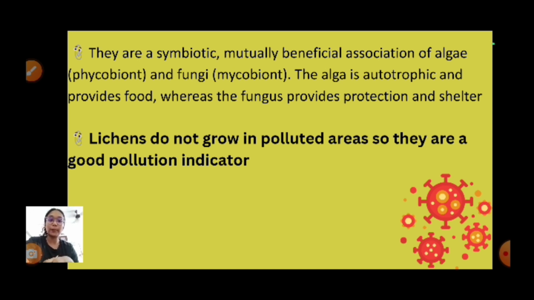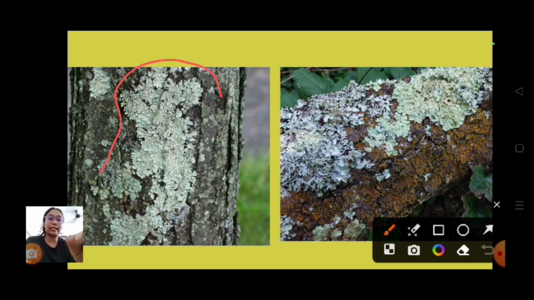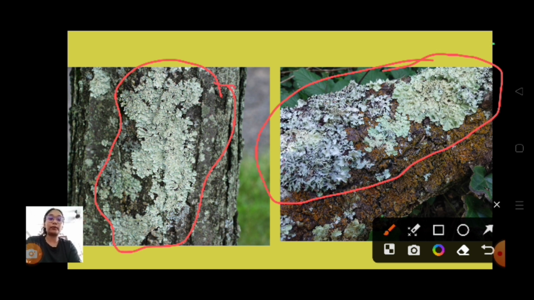Getting my point? Let us see some pictures of lichens on the bark of a tree. These are the lichens. We can see this only in non-polluted areas. In polluted areas this won't be there. Clear?